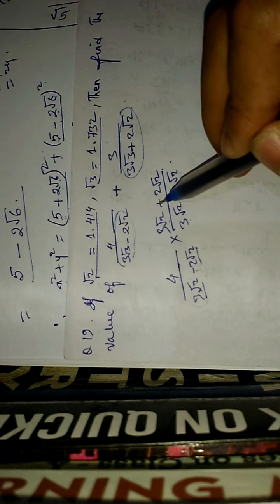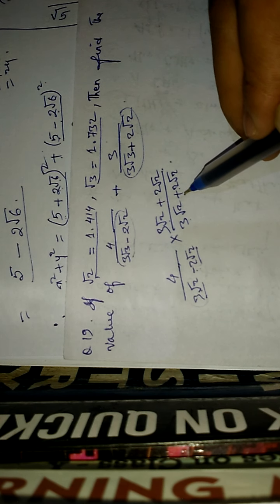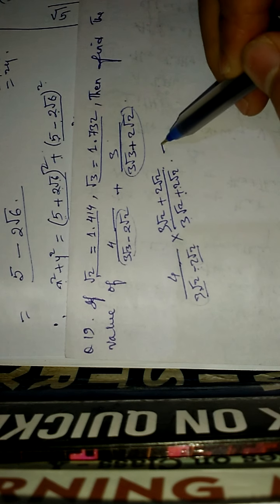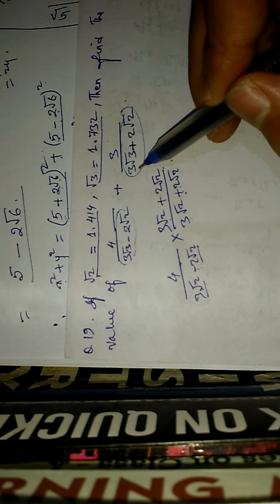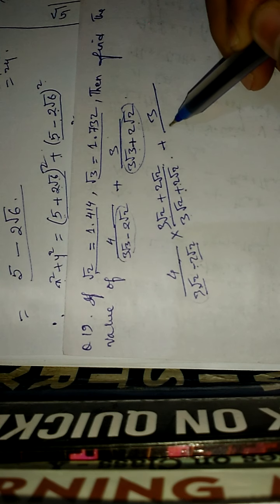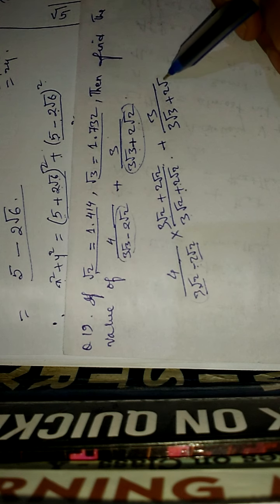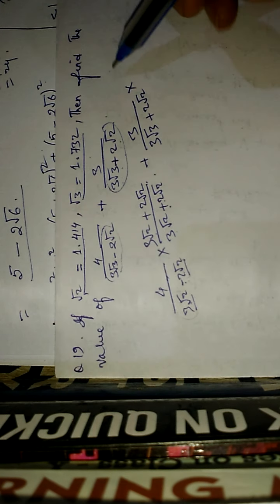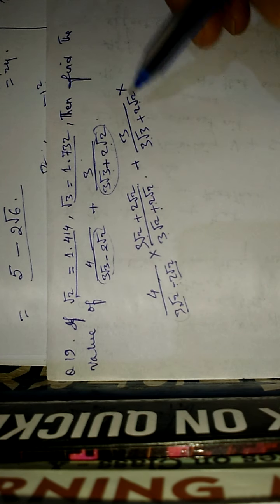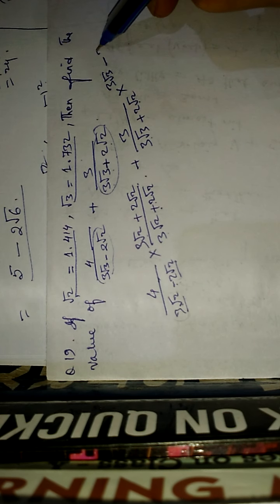Then the second term, 3 root 3 plus 2 root 2, also multiplied by the same number but opposite sign: 3 root 3 minus 2 root 2 by 3 root 3 minus 2 root 2.